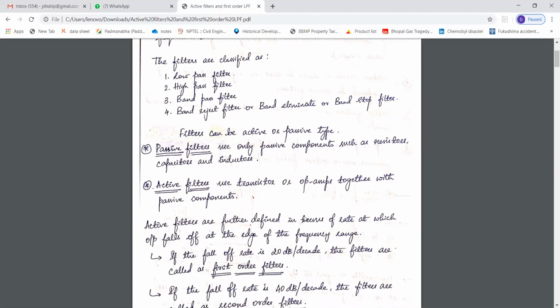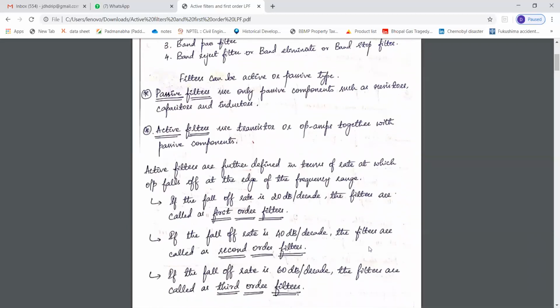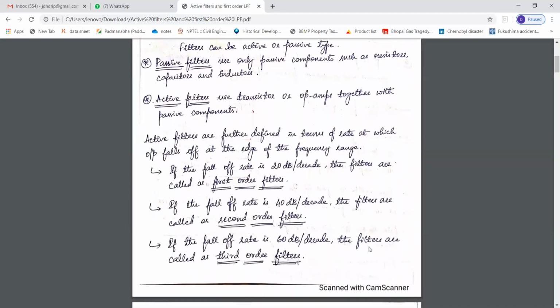Active filters are those filters that make use of transistors or op-amps along with passive components like resistors, inductors, and capacitors.